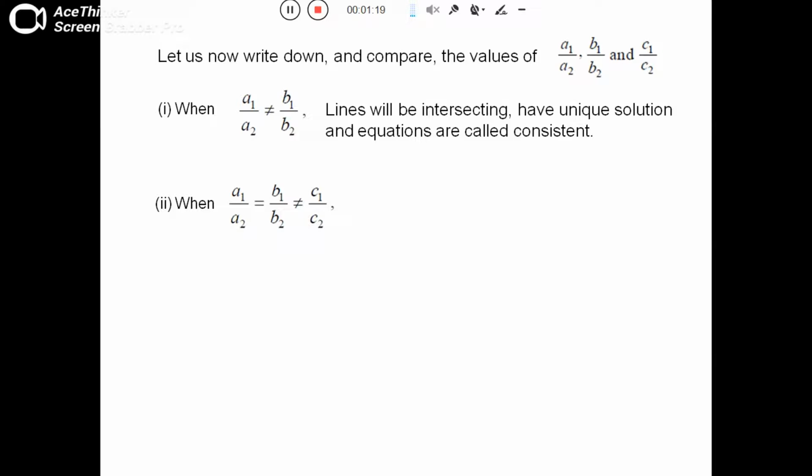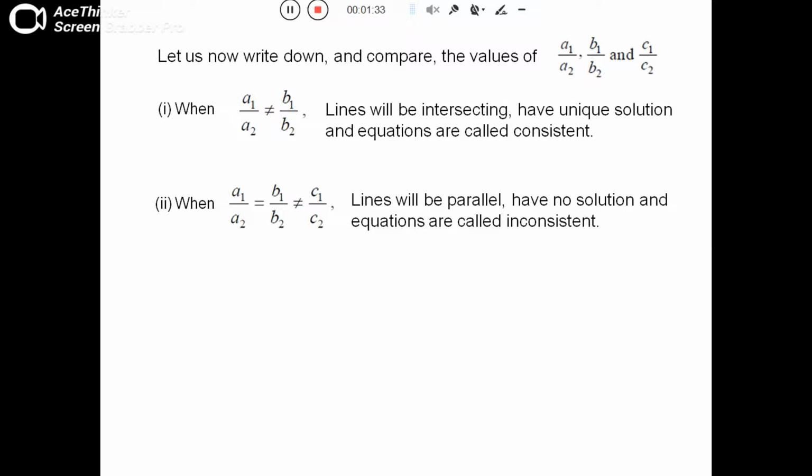Let us see with the line. The lines will be parallel to each other. If they are parallel, it means they have no solutions. So the equations are called inconsistent.